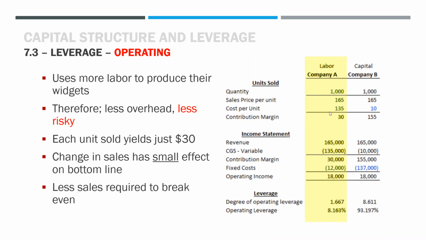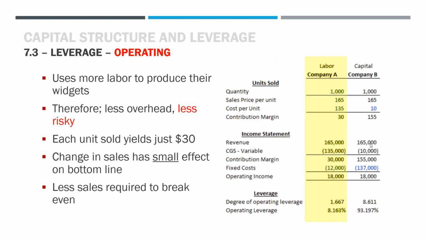Company A, which is more labor intensive, is going to have a lower contribution margin or a lower gross profit than will company B, which has invested heavily in capital.